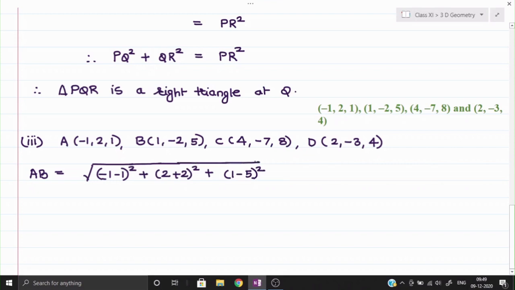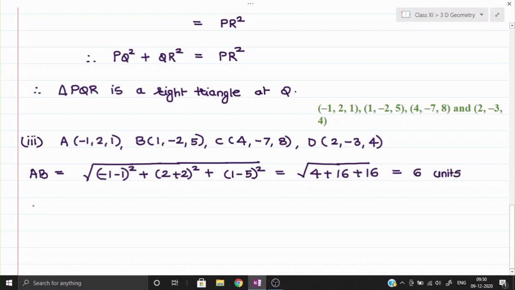So 1 minus 1... that will become minus 2, and square of minus 2 will be 4. 2 plus 2, that is 4, so this will be 16, and last one is also 16. 16 plus 16, 32 plus 4, 36. So if we find out the square root, it will come 6 units.